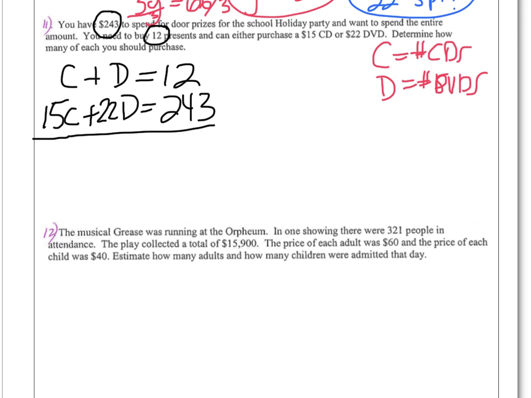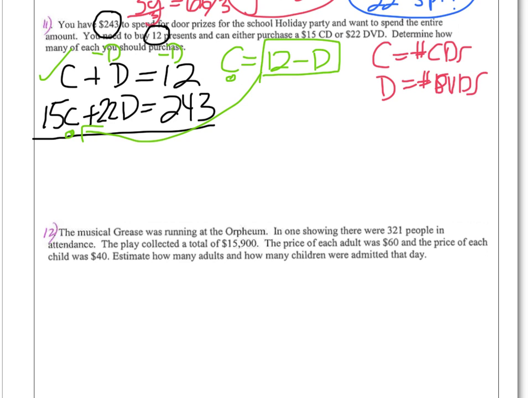Let's go ahead and do substitution for this one. Why don't we take this first equation and solve it for C? So I'm going to subtract D from both sides. That would say C is equal to 12 minus D. C is that whole value, and I used the first equation. So this C has to go into the second equation.